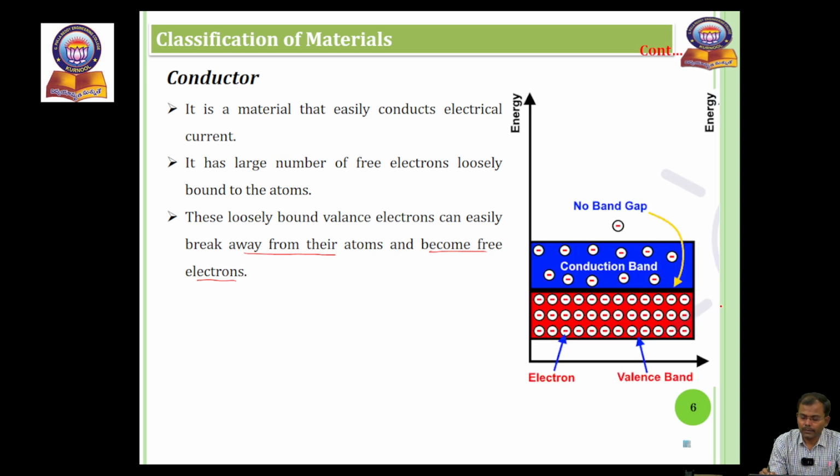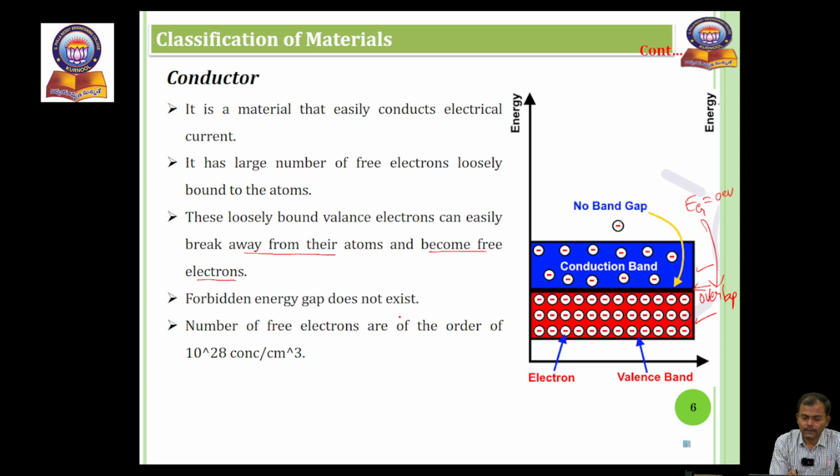So this is the band structure. In this case, the valency band and the conduction band overlap. The forbidden energy gap, that is Eg, is equal to 0 electron volts, so the forbidden gap does not exist in conductors.